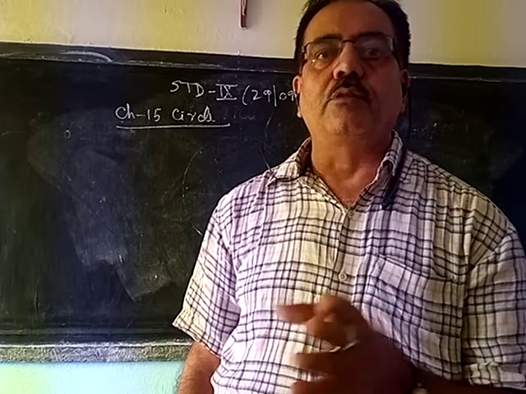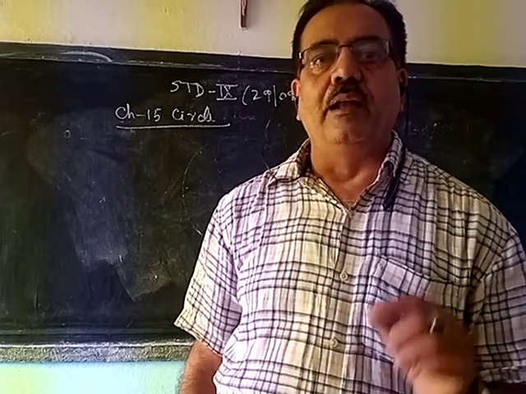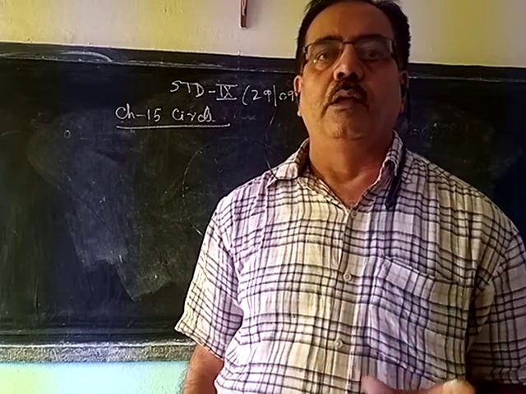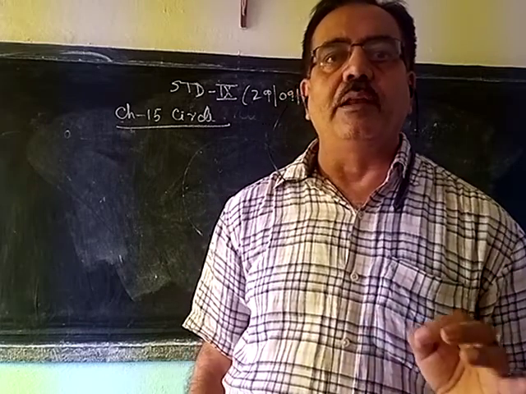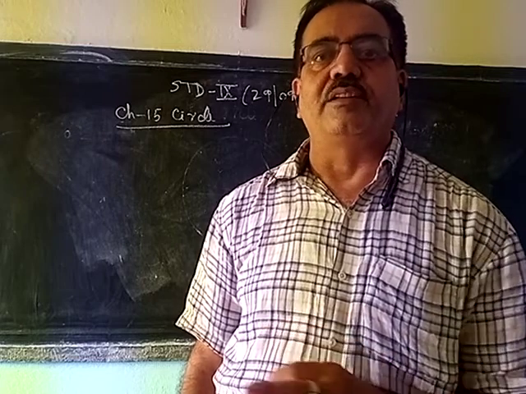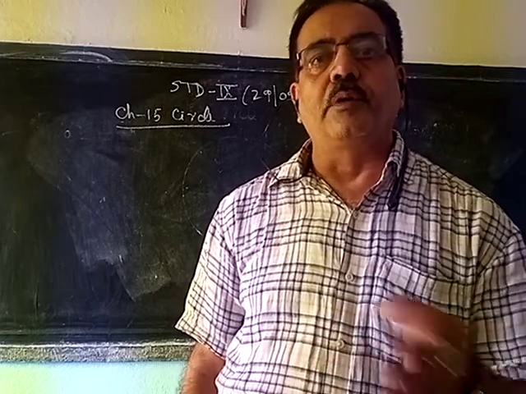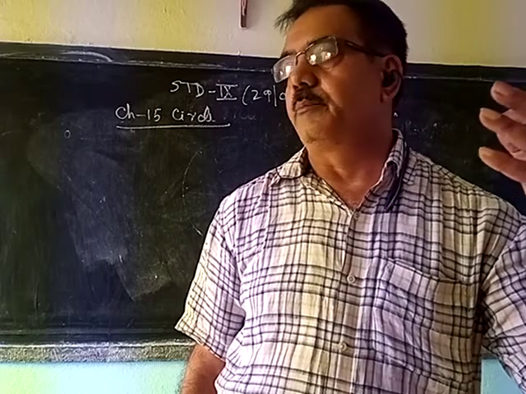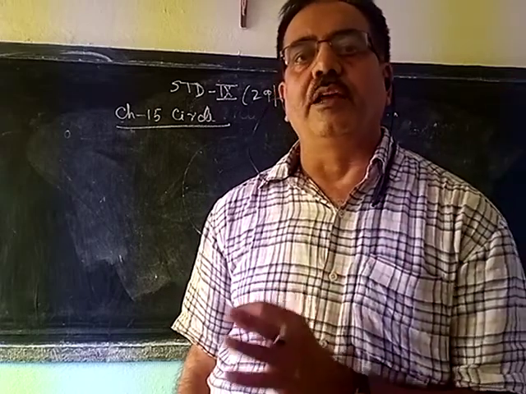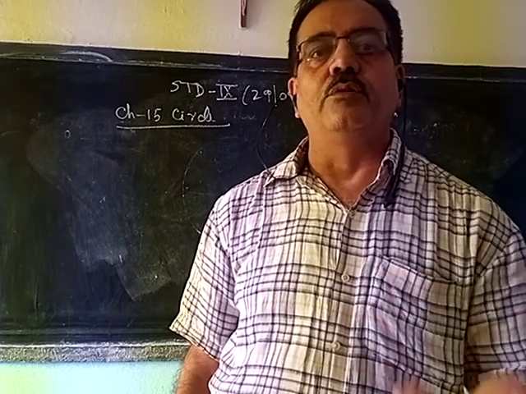RHS is only for right angle triangles, and the condition is that the hypotenuse must be given equal. If the hypotenuse is not given equal, you can't prove the right angle triangles congruent by the RHS method. Then you have to prove congruence by any of the above 4 methods.